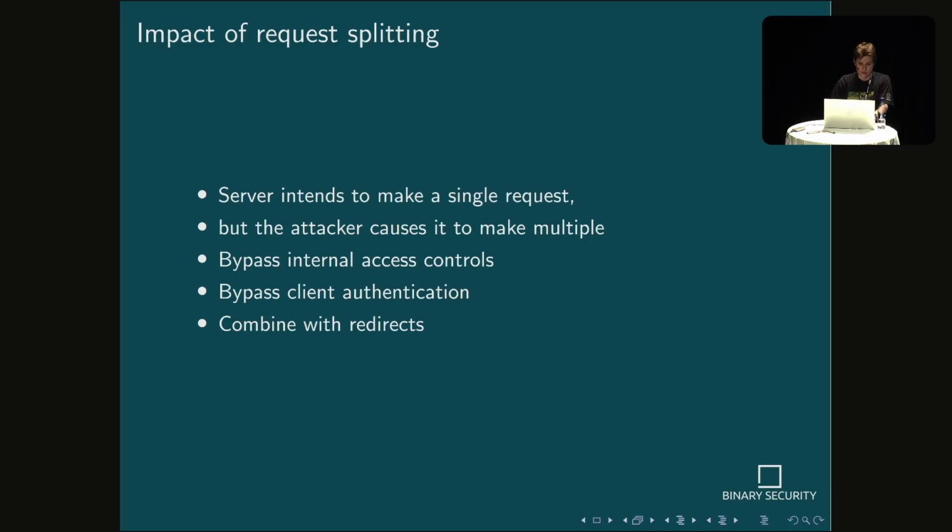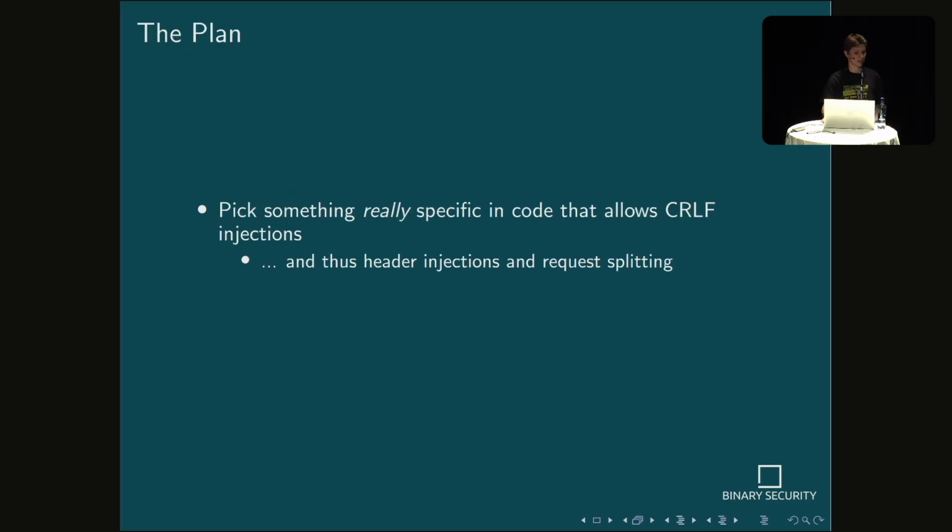So hopefully I've convinced you that this is a real vulnerability. Now let's forget about what you actually do with it and go back to the theoretical side. Not really, we're actually going to do something. Here's the plan. Let's pick something really specific in source code that allows CRLF injections, some common pattern of vulnerable code which people write.